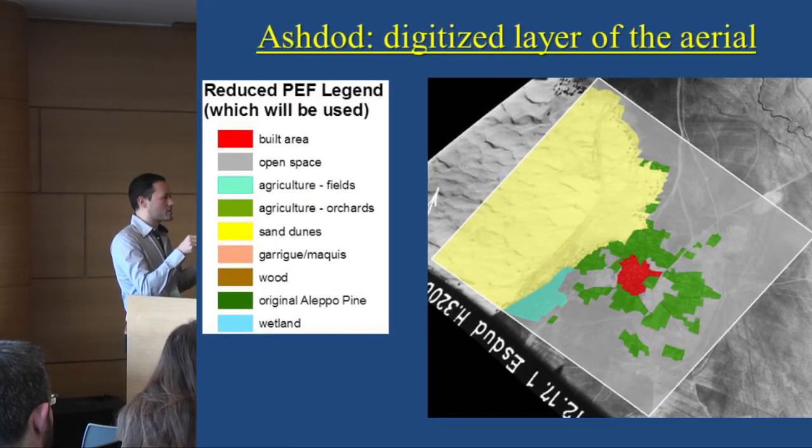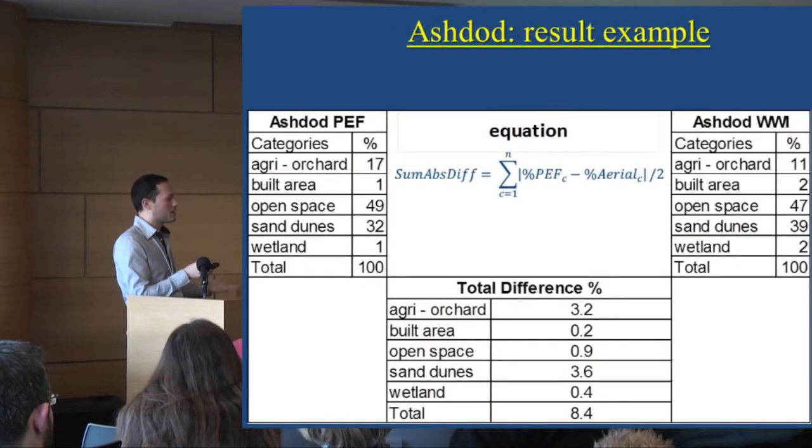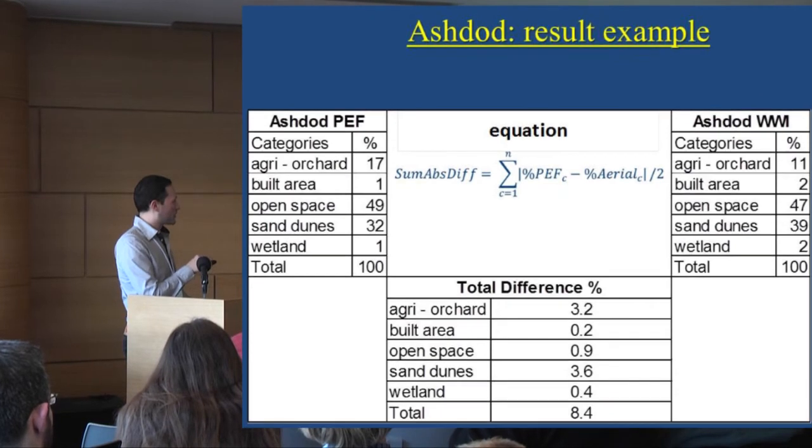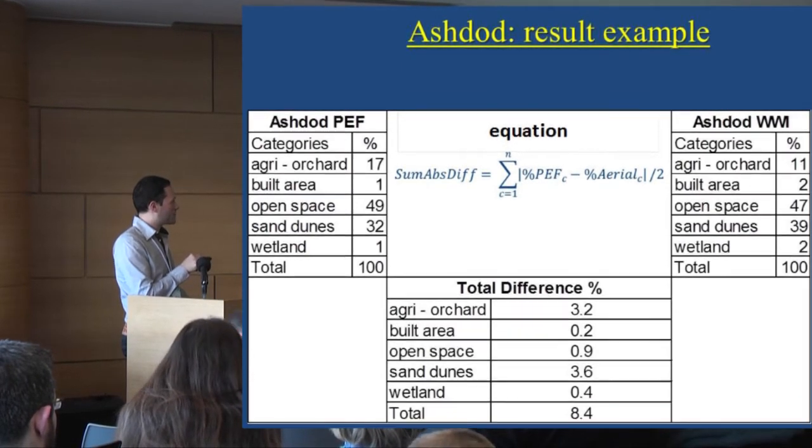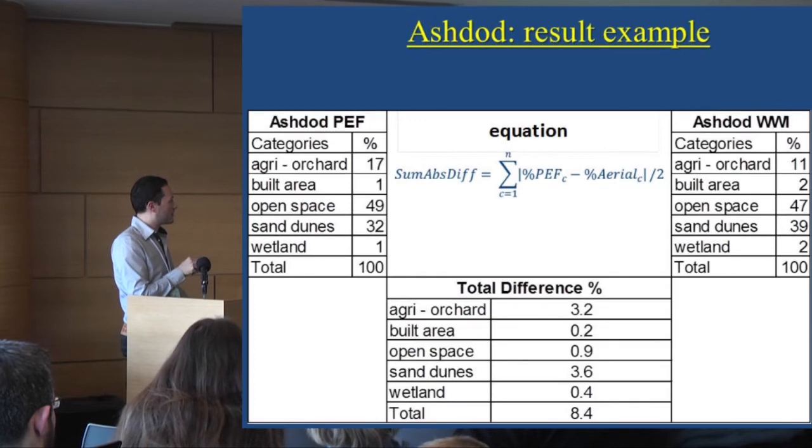By having two digitized layers, what we can do is actually compare them quantitatively. We compared all the categories of Ashdod by using the equation of the sum of differences relative to the aerial photo. So we measured the difference between categories and also in total.